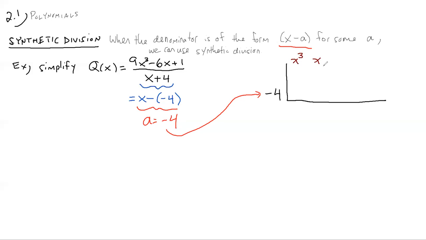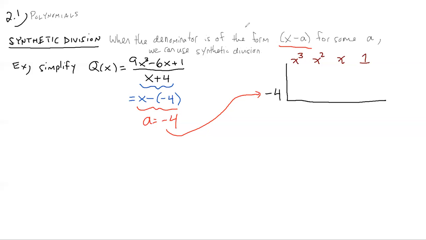And then, if 3 is your degree, then you need every power less than that. So I need an x squared, an x, and then x to the 0 or the constant. I'll usually just write a 1 for that. And so that tells you what your columns are going to mean. You don't have to write that at the top. I just find it doesn't take a lot of time, and it will really organize my thoughts for me.